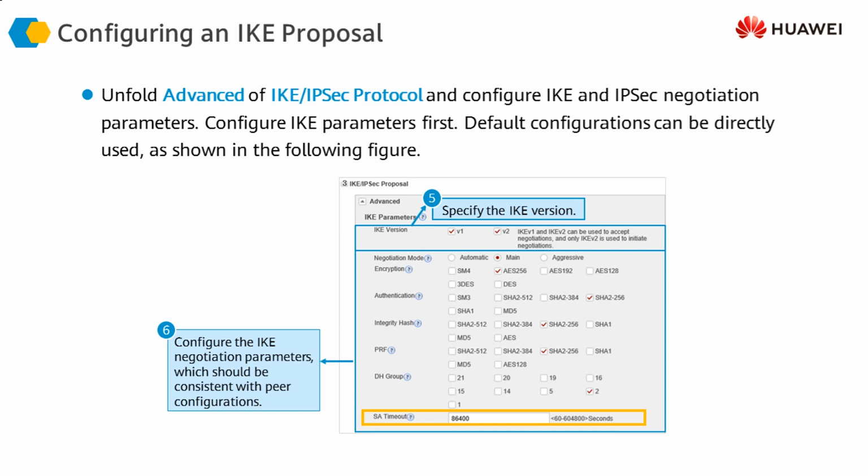So we are going to negotiate a key again after 1 day. Once we've specified the parameters for IKE, these parameters need to be the same on both sides. If they are not the same, the two sides will not be able to establish an IKE security association with each other, because we discussed that these parameters need to be the same on both sides.